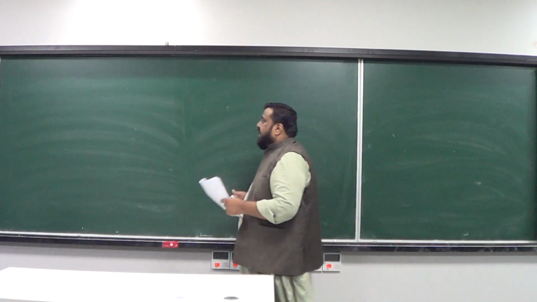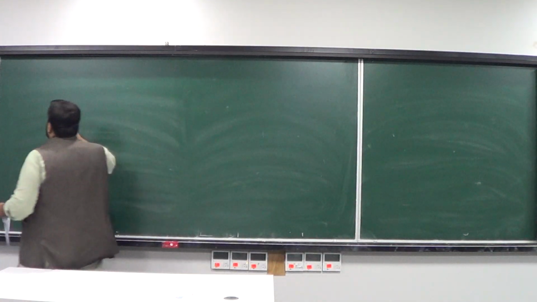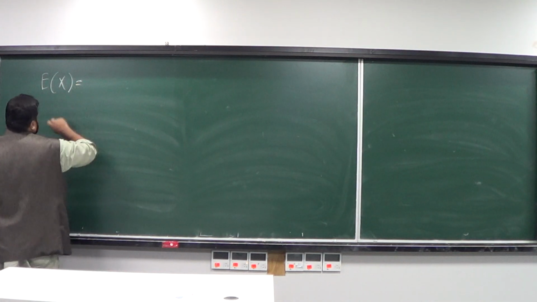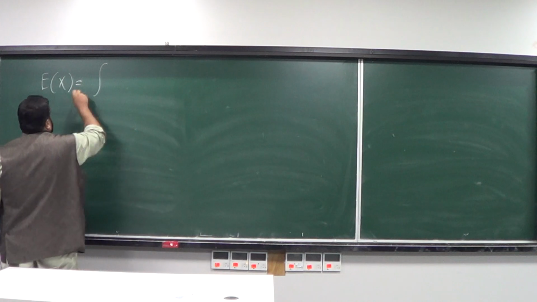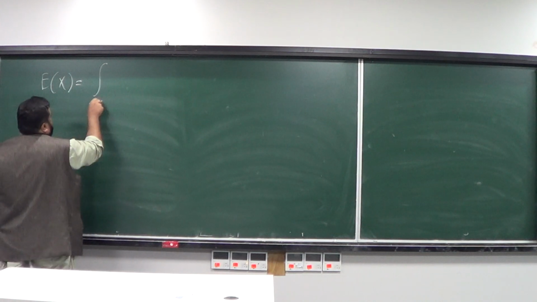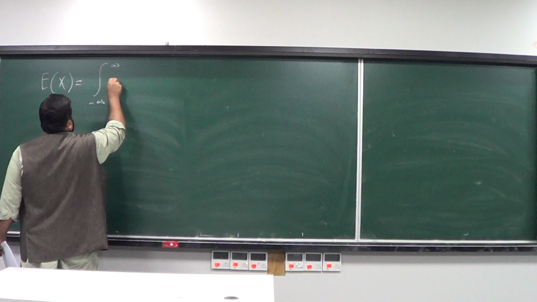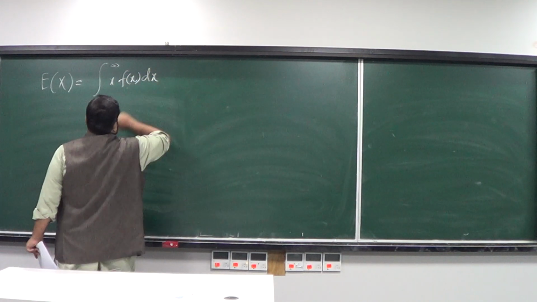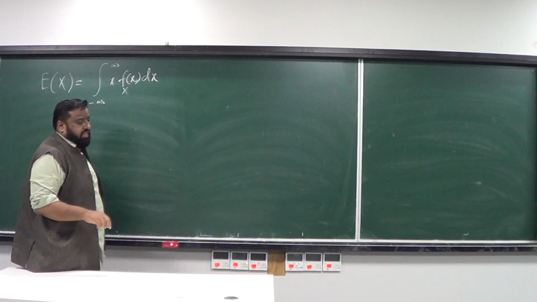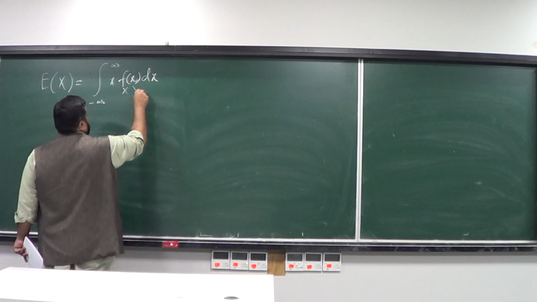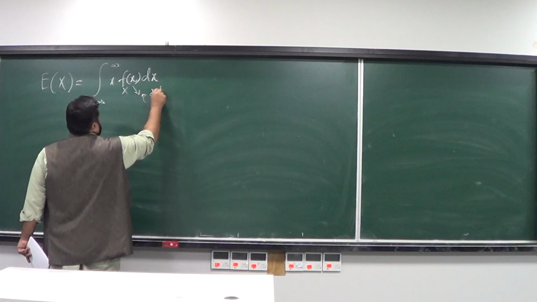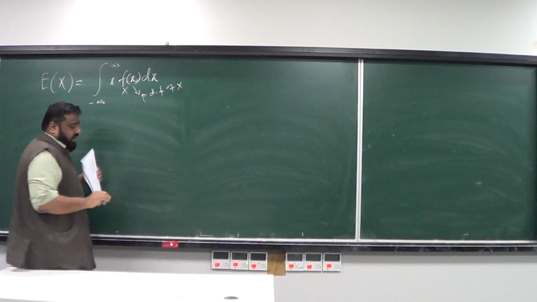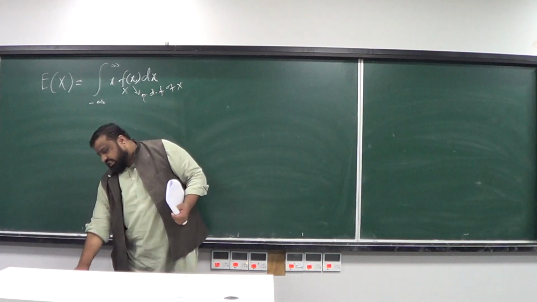We ended our discussion by defining the expectation for a continuous time random variable as the integral from minus infinity to infinity of x times f_X(x) dx, where f_X(x) is the probability density function of X. This is where we ended our last discussion.